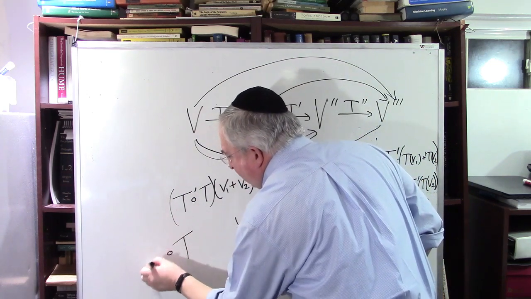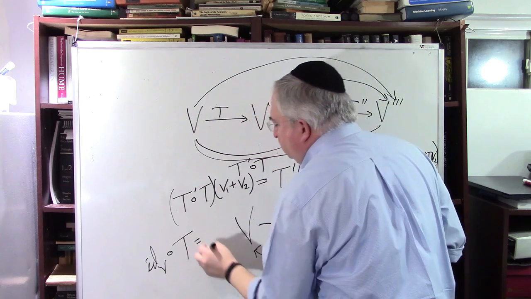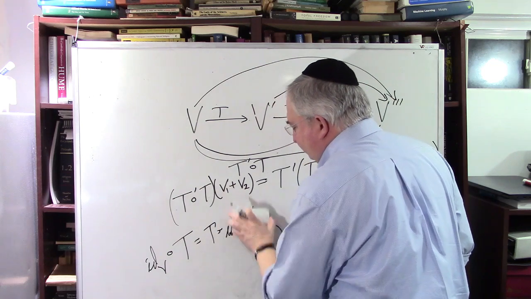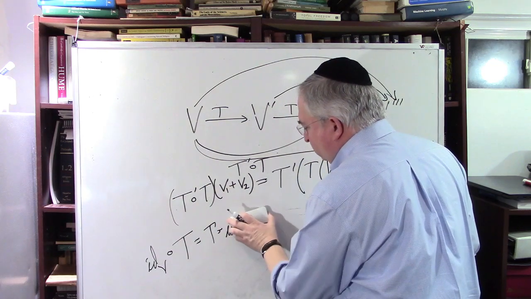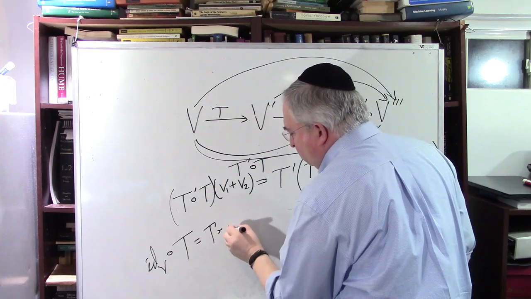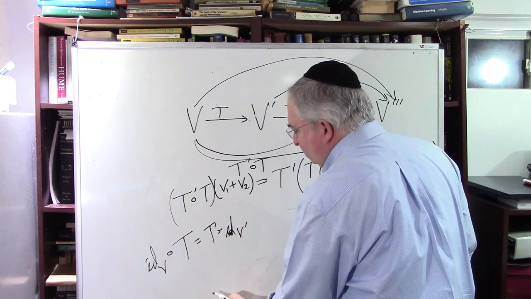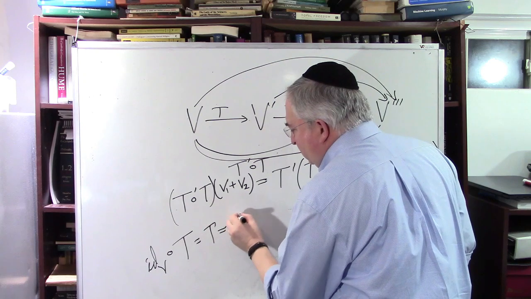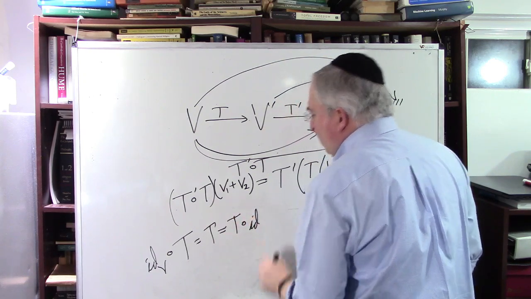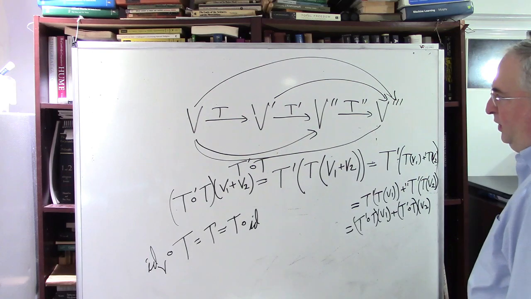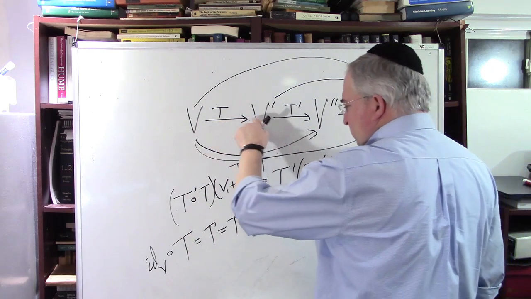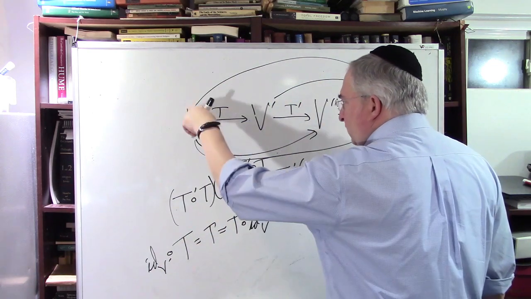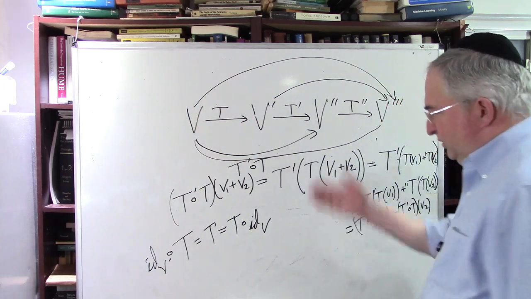T composed identity of V is equal to T, which is equal to identity of V prime composed with T. One of these is on V prime and one of these is on V. So this is T, and this is V prime, and this is identity on V, and then T. Okay? So it satisfies these rules.